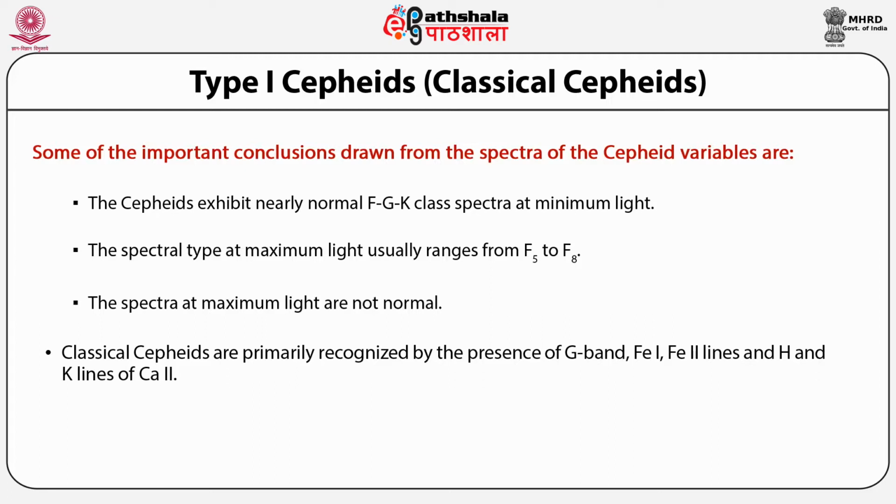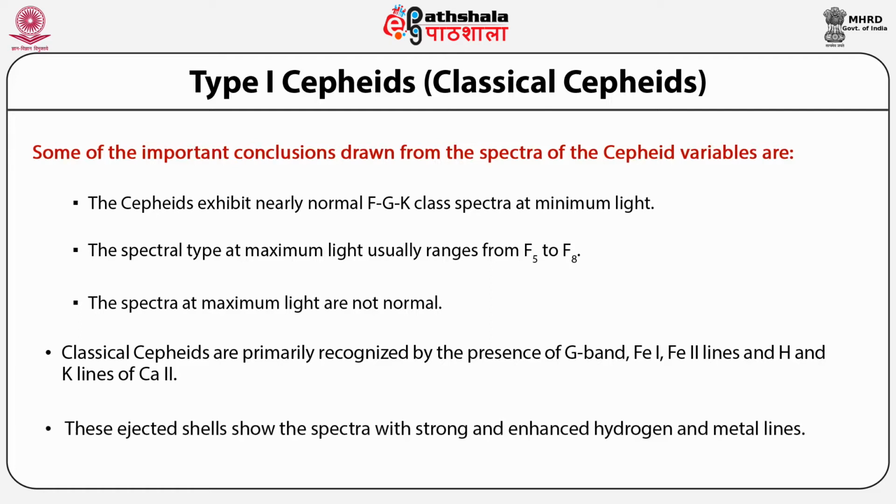At maximum light, a Cepheid may reveal mild nova-like properties by exhibiting an extended atmosphere with shell ejections. These ejected shells show spectra with strong and enhanced hydrogen and metal lines.